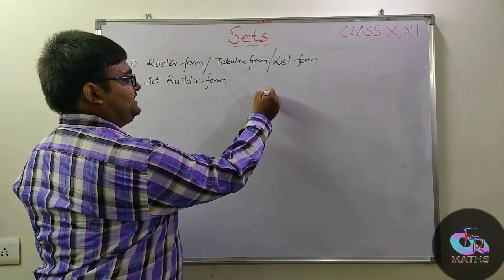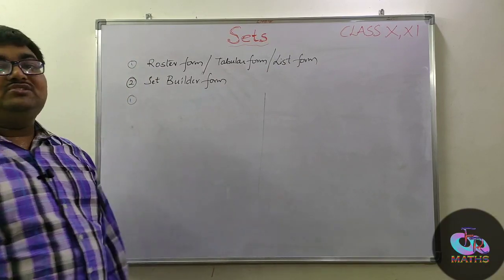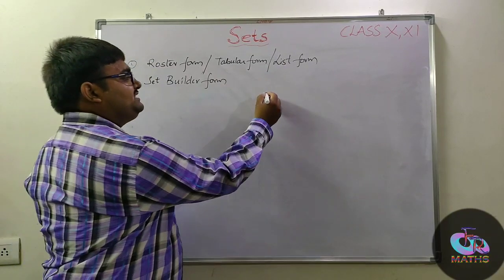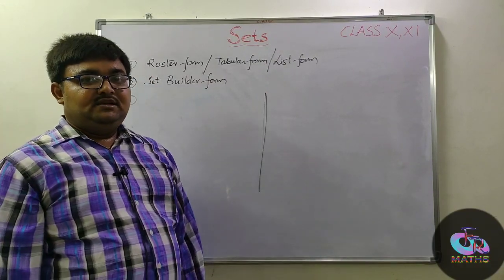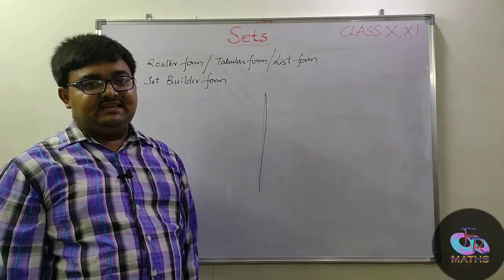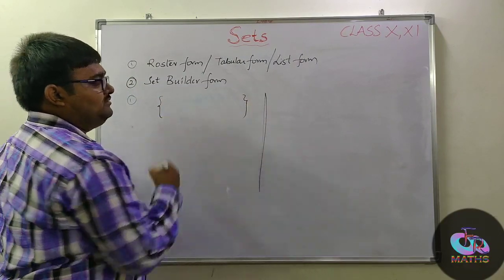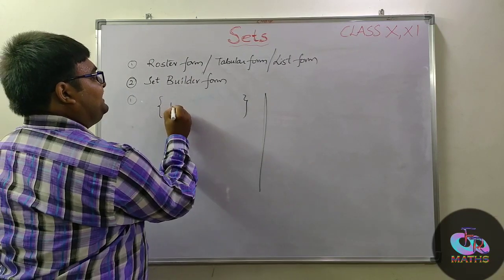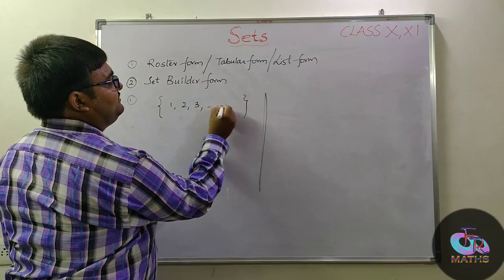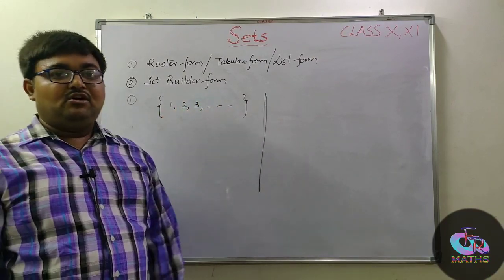First we will discuss roster form. Roster form is the generally used form in sets, which we have already discussed earlier. In roster form, we have braces in which the elements are written separated by commas.